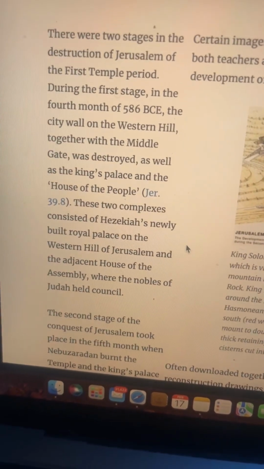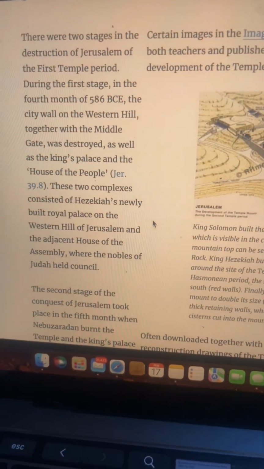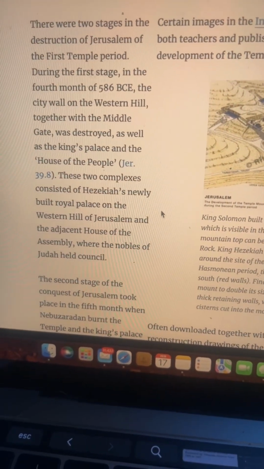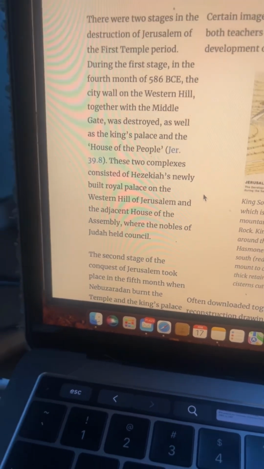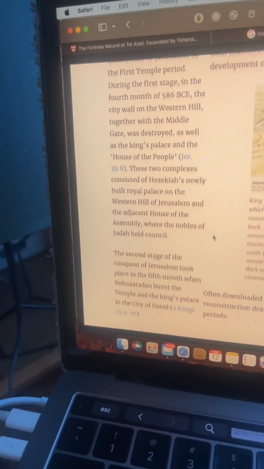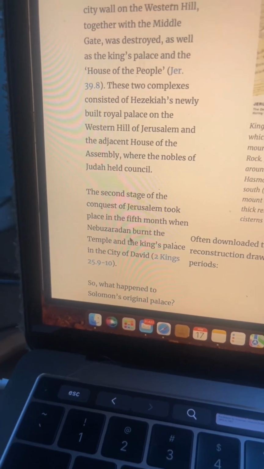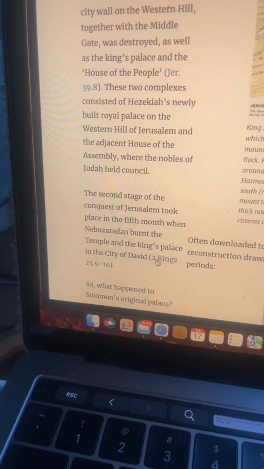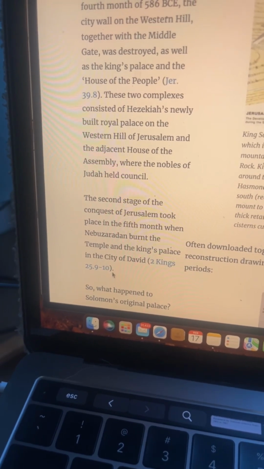This was the newly royal palace on the western hill of Jerusalem, and the adjacent house of the assembly, where the nobles of Judah held council. The second stage was when Nebuchadnezzar burnt the temple and the king's palace in the city of David. 2 Kings 25, 9-10.